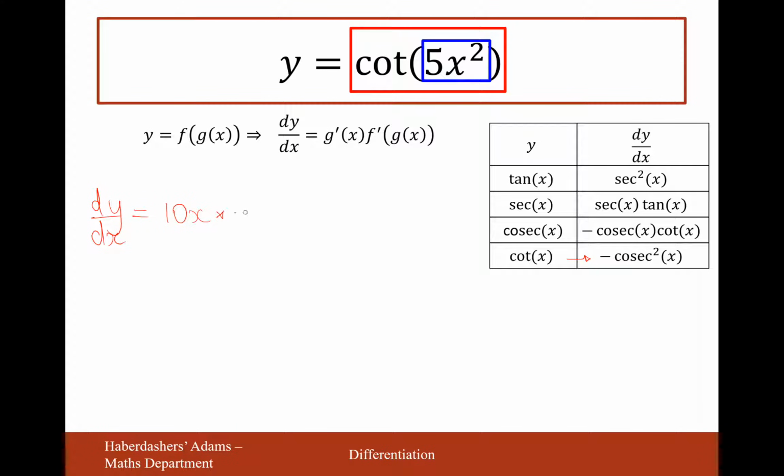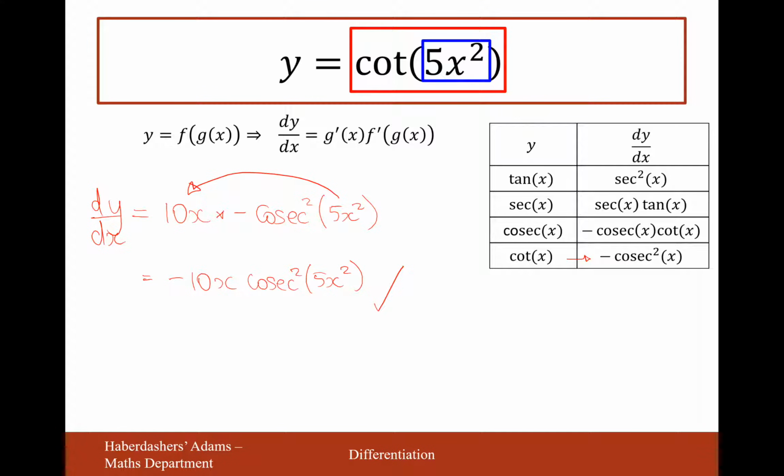So this is going to be times minus cosec squared. And then it's of the inside function 5x squared. So the answer to this question is minus 10x cosec squared 5x squared. So the derivative of the inside function popped out to the front, and then we differentiated cot to minus cosec squared, and that's our final answer.